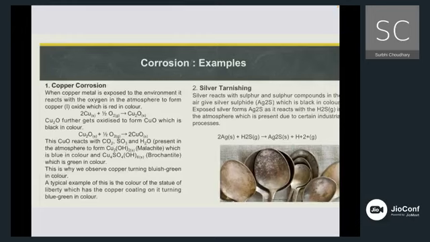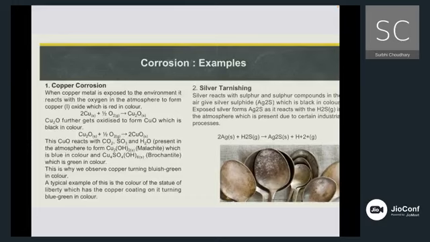So copper, when it reacts with the oxygen, converts into copper oxide, cuprous oxide. Cuprous oxide is basically red in color. Thereafter, the cuprous oxide also gets oxidized and converts into cupric oxide, which is black in color. We can see the change of the chemical component by the change in color, like red converting into black.